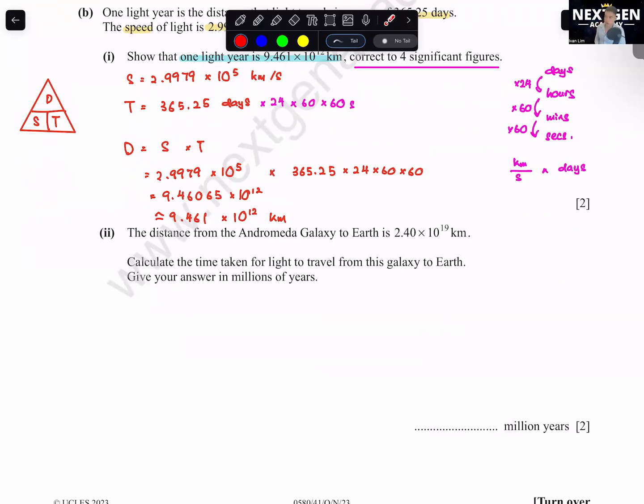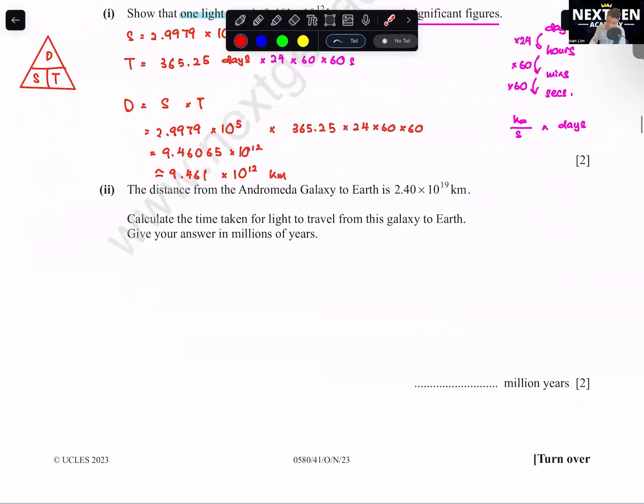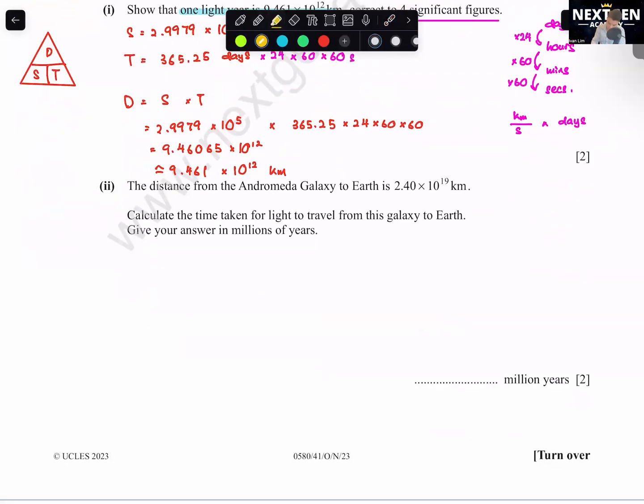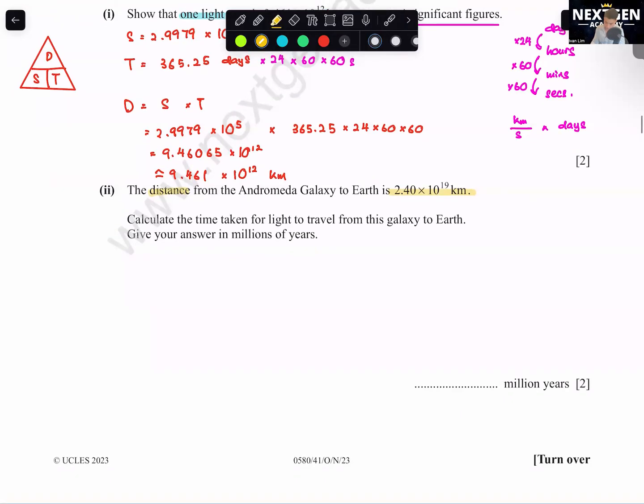The distance from Andromeda galaxy to Earth is 2.40 times 10 to the power of 19. Okay, see Sanjay, very good. Calculate the time taken for light to travel from this galaxy to Earth. Give your answer in millions of years. Actually there's a shortcut way to do this, but I will just do the longer way to explain it properly.